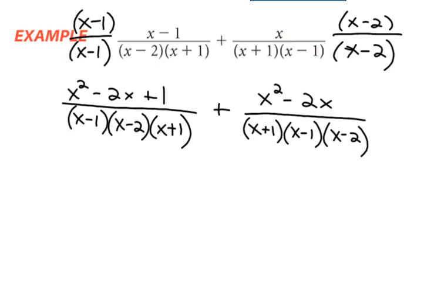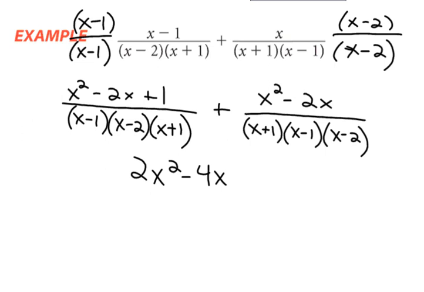So we have an x squared here and an x squared here. That will combine to give us 2x squared. We have an x term here and an x term here. So those would combine to give us negative 4x.